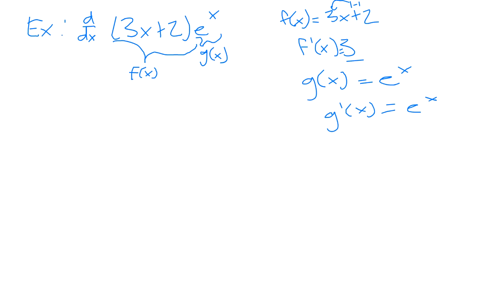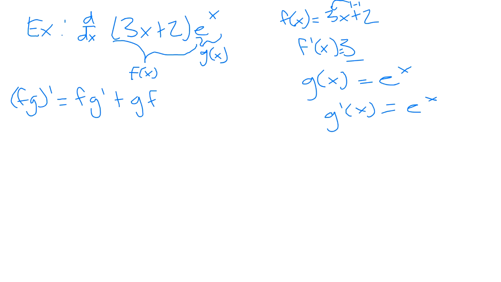So once again, as our rule states, if we have two functions multiplied together, their derivative is just going to be the first one times the derivative of the second plus the second times the derivative of the first.